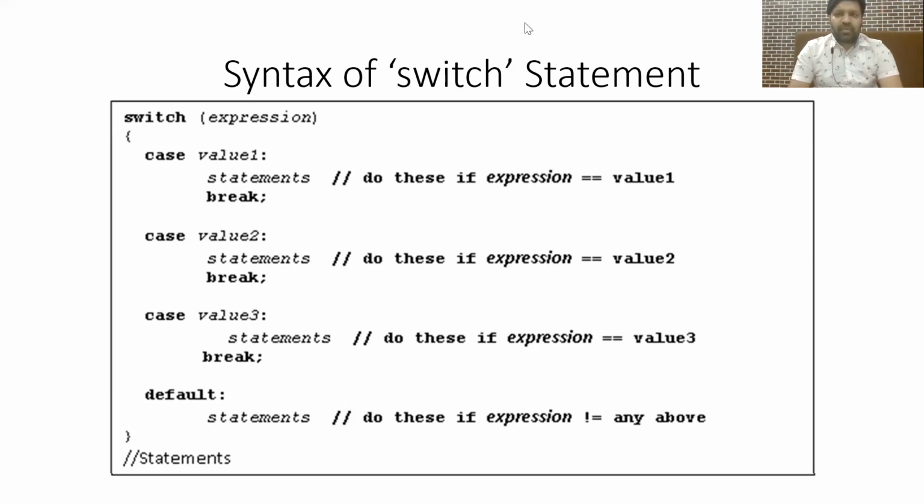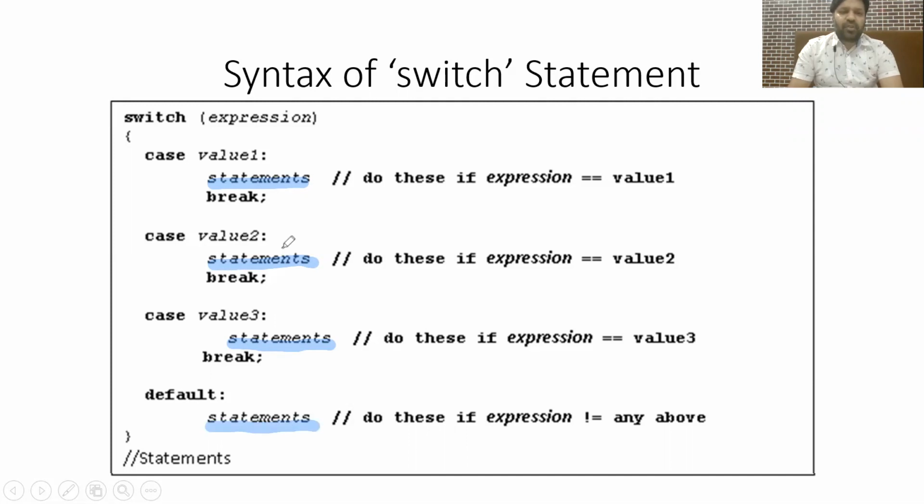Now there was one property of the switch statement, that all the sets of compound statements are mutually exclusive of each other. So in this syntax, you can see that there is one set of statements here, one set of statements here, the third set of statements here, and the fourth set of statements here.